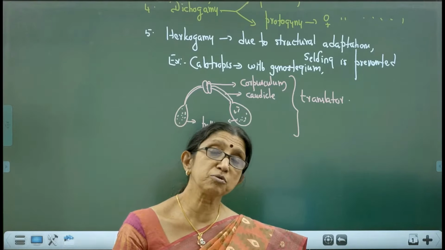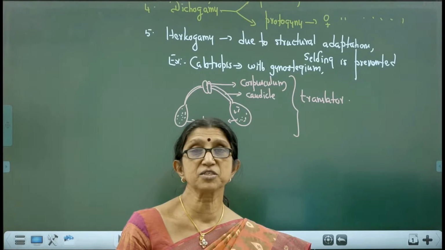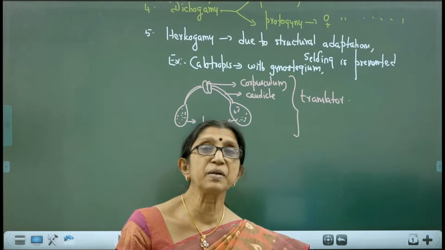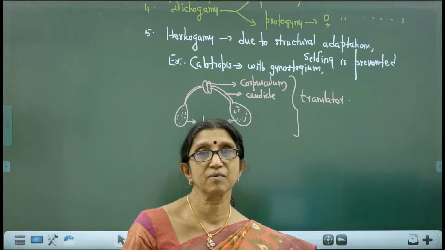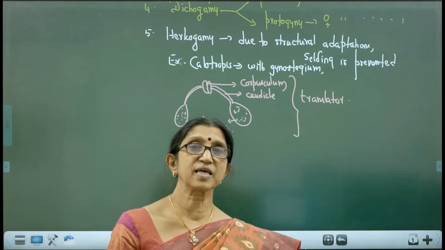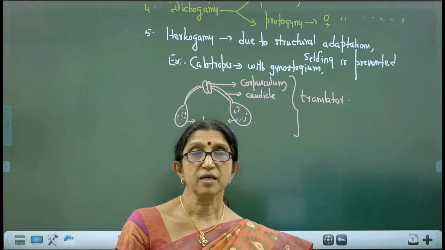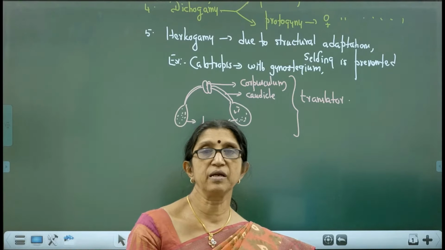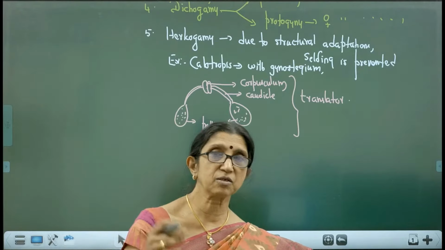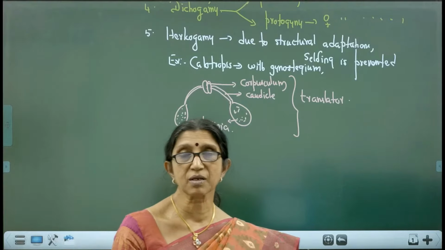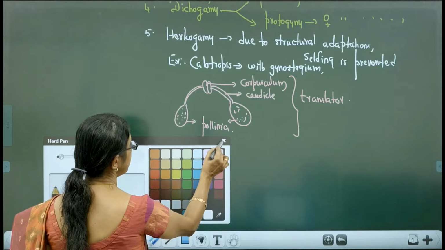We can also do that process artificially, and that is called artificial hybridization, done by a breeder with a view to develop a desirable hybrid, a hybrid having the desirable qualities of the parents used in the hybridization process. In nature it occurs through cross pollination. So artificial hybridization and different steps.